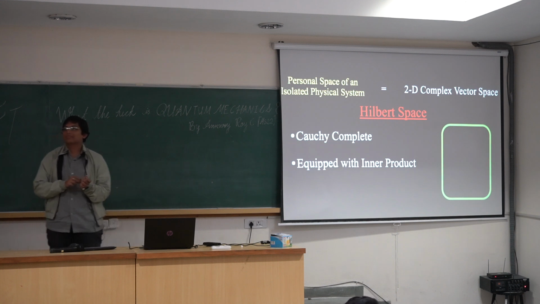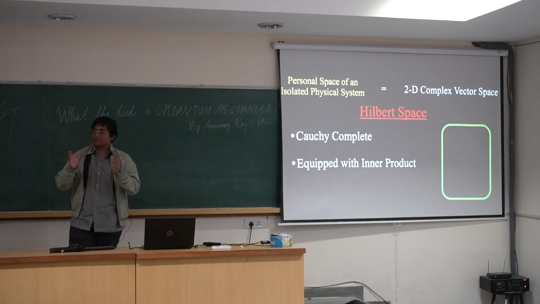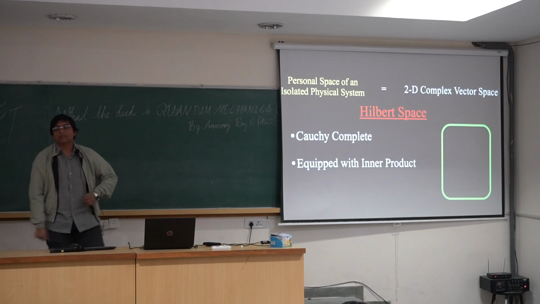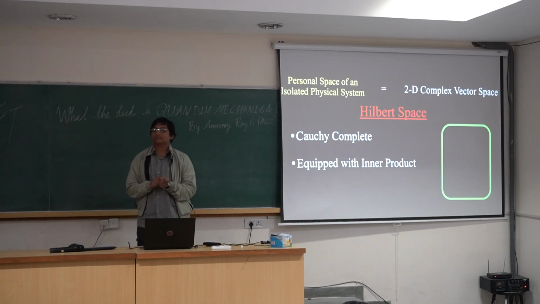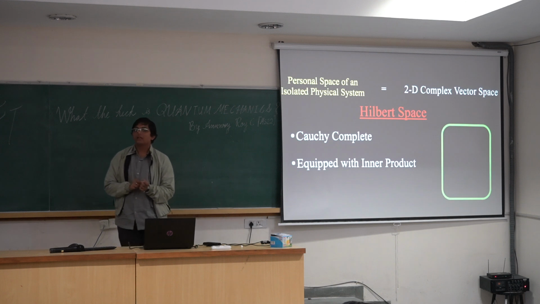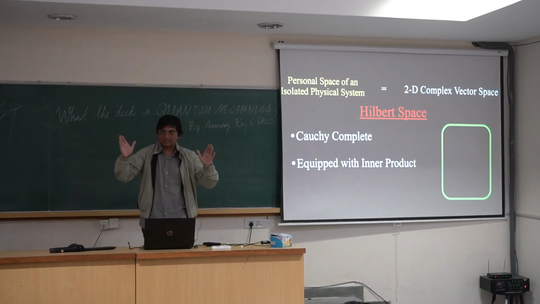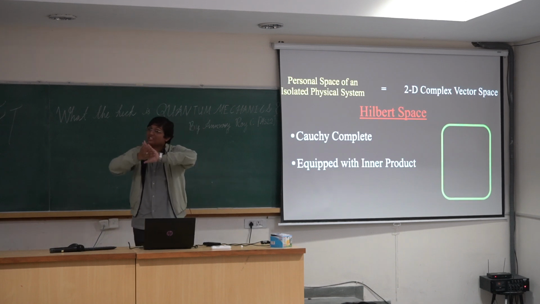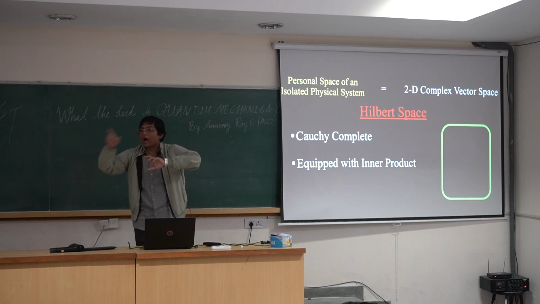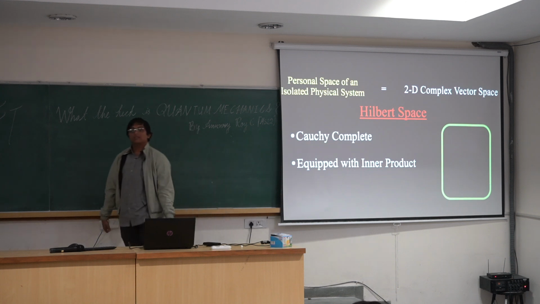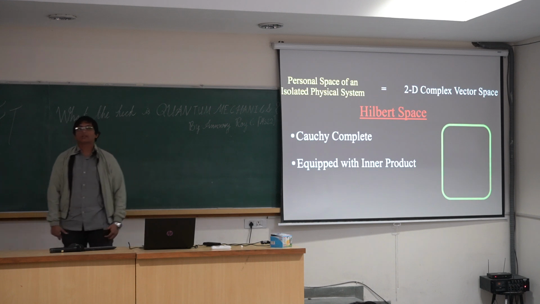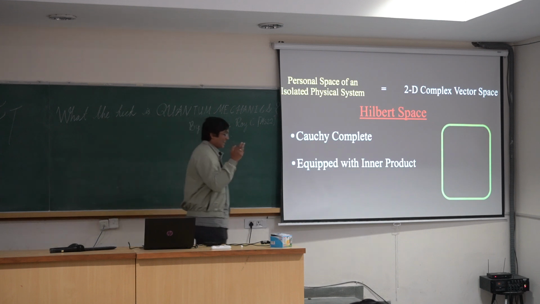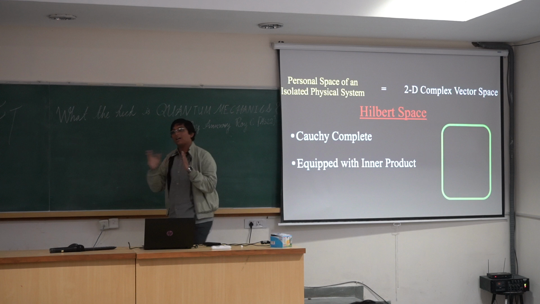So if I have a complex vector space that's 2-dimensional, with 2 axes, and I change it to a real space, how many dimensions will there be? 4. Yes, 4. So as you can see, a 4-dimensional real space is very hard to visualize and draw.